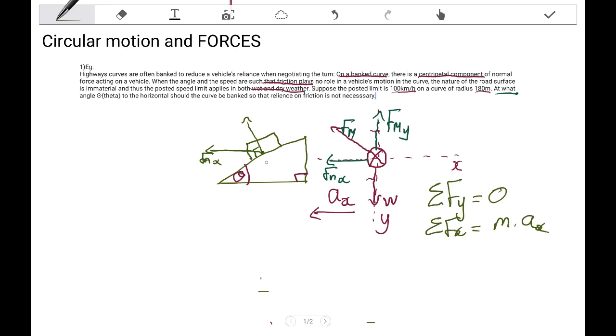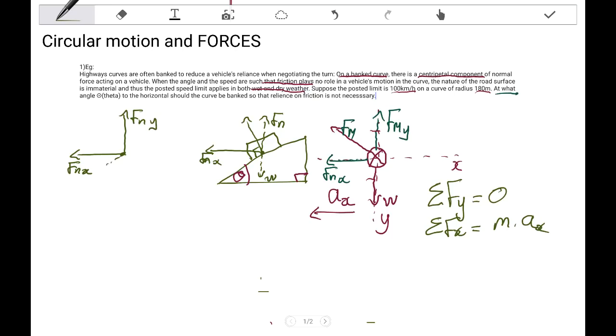This is my weight, and that's my Fn y. If I take this sketch out, I have the Fnx here, and then my Fny.